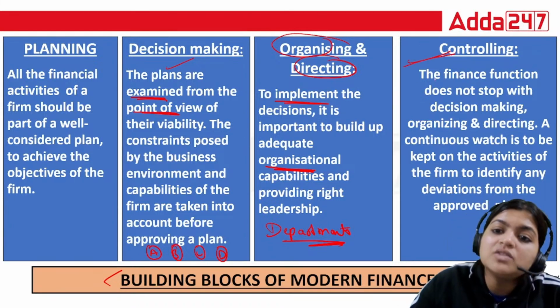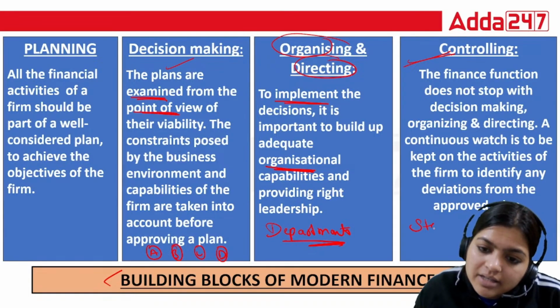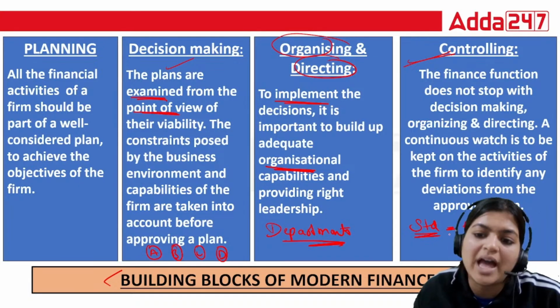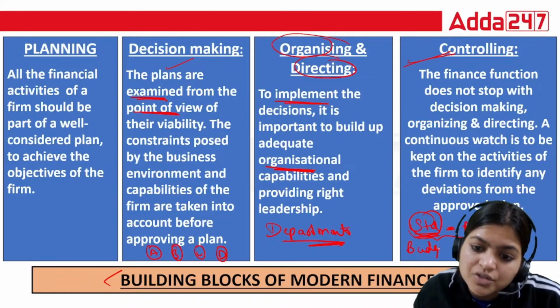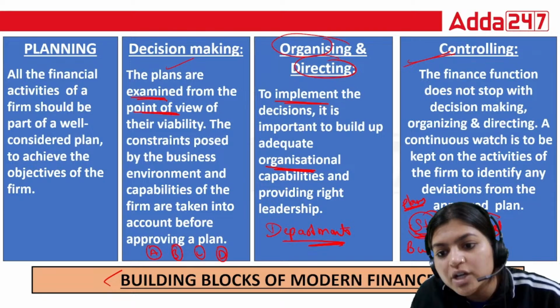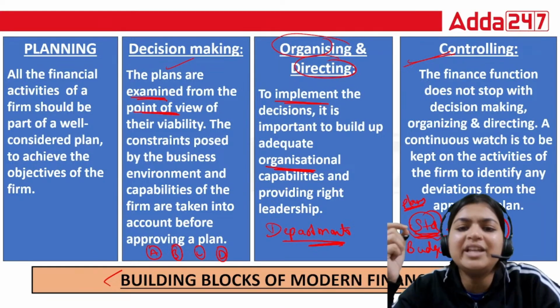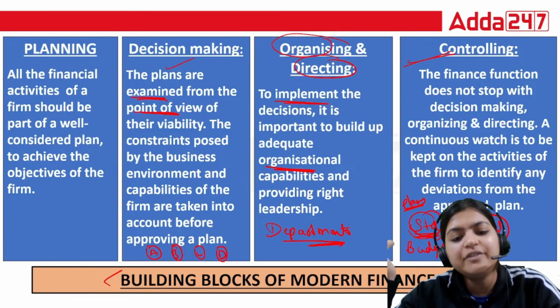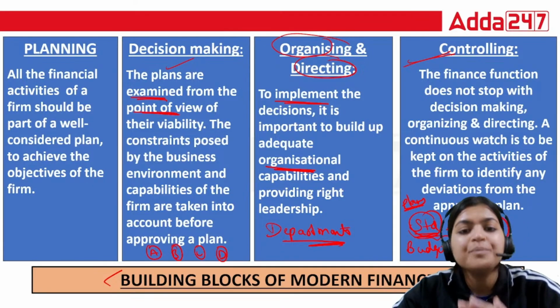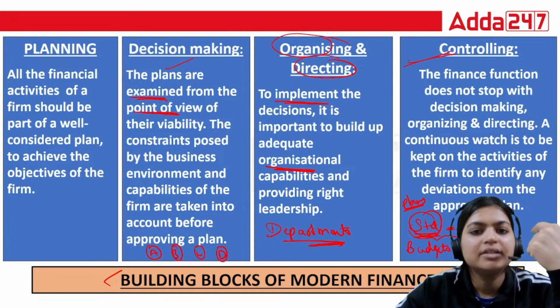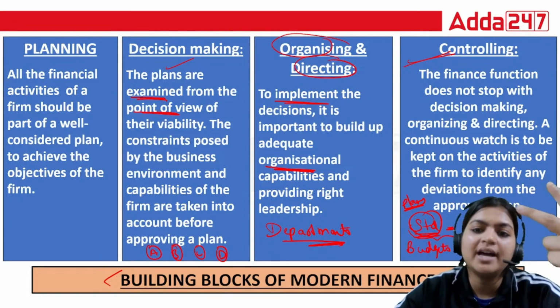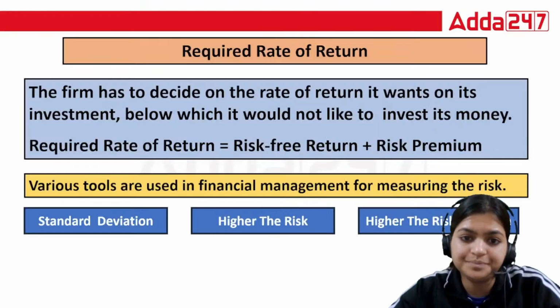And controlling means you will compare your standards, meaning your budgets or whatever plans you have made, with your actuals, and whenever you find any deviations you will take corrective action. So these are the building blocks of modern finance: planning, decision making, organizing, directing, and controlling.